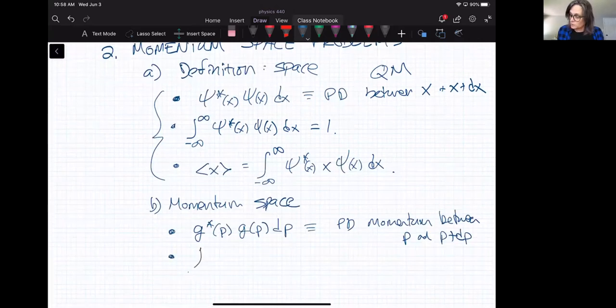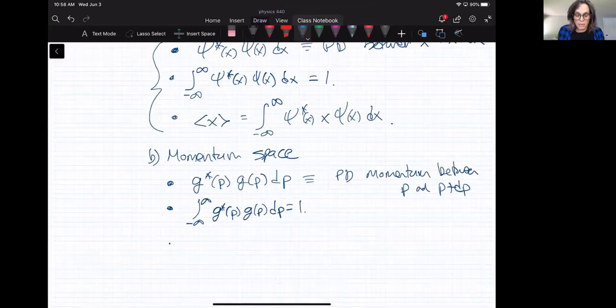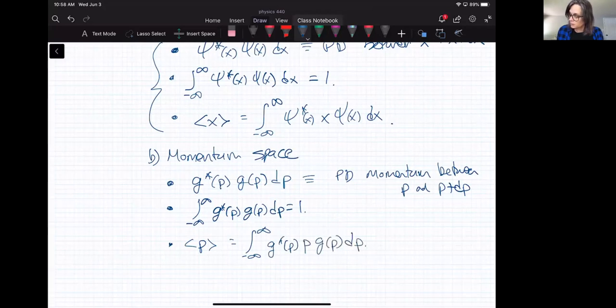We know that this should be normalized, that is, the momentum should be something, right? G star of p, g of p, dp is equal to 1. And we know that we can define an expectation value for p as g star of p, p, g of p, dp.